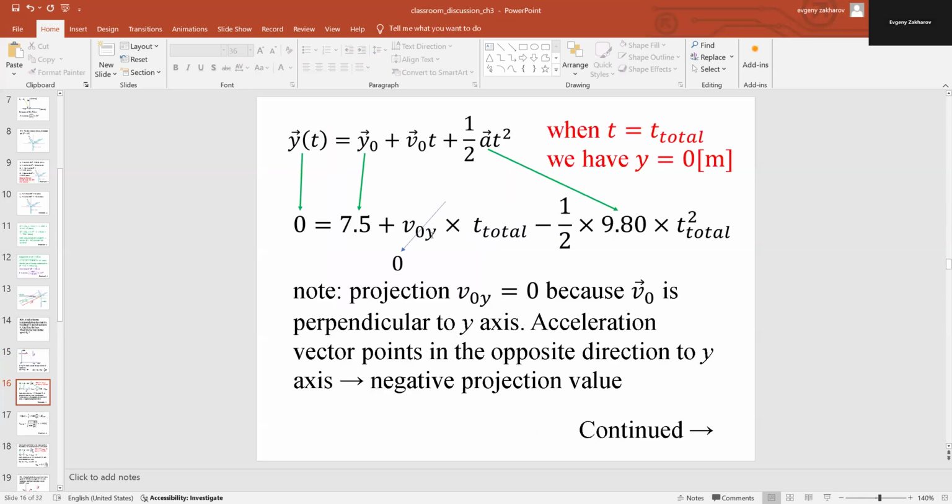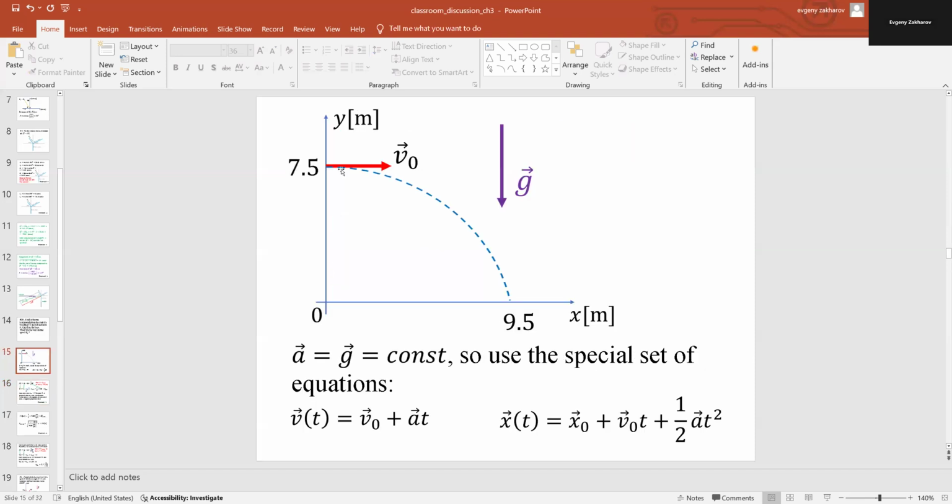Initial velocity onto y-axis is 0. How is that so? Well, take a look at the vector that represents the initial velocity. This vector is perpendicular onto y-axis. And every time a vector is perpendicular onto a certain axis, the component of that vector on that axis is 0.